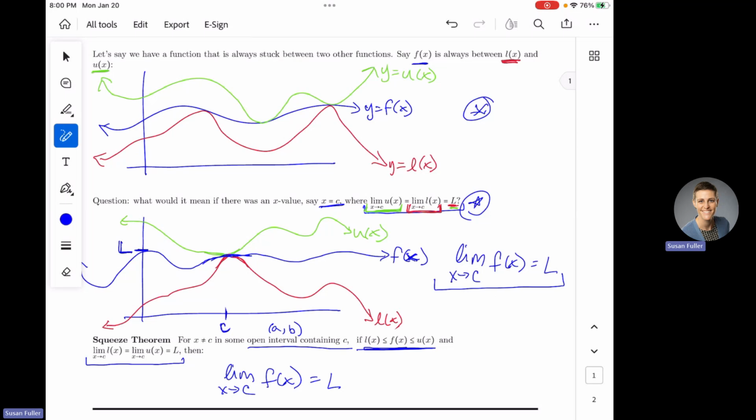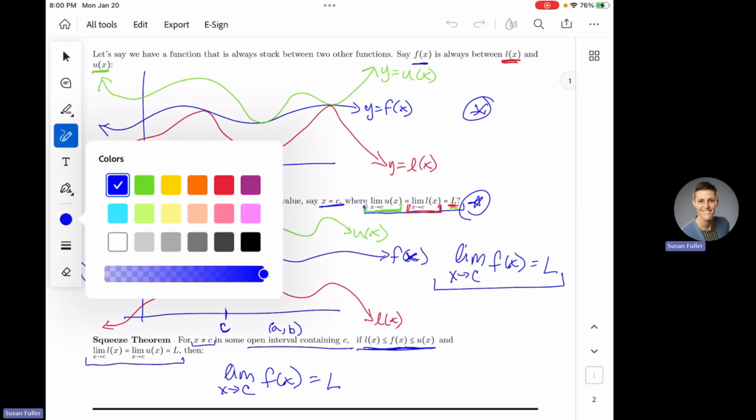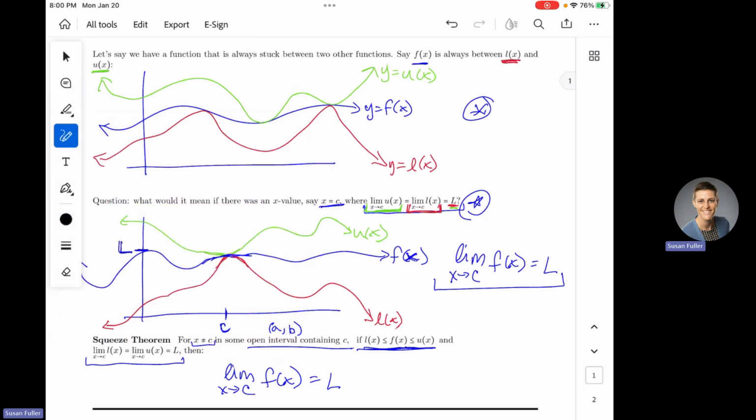And this x not equal to c part, basically what that does is if I come back up here and I make this an open circle here, I am still okay. This squeeze theorem still holds because we don't care what happens at c. We care what happens as we get really, really close to c because it's a limit.